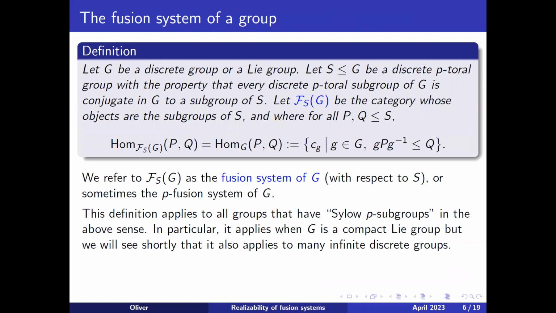So G is discrete or a compact Lie group, and S is a discrete p-toral group with this Sylow property, just that every discrete p-toral subgroup of G is conjugate to a subgroup of S.